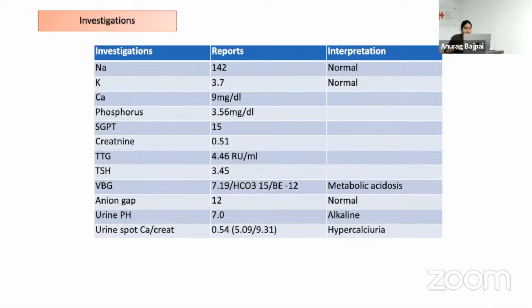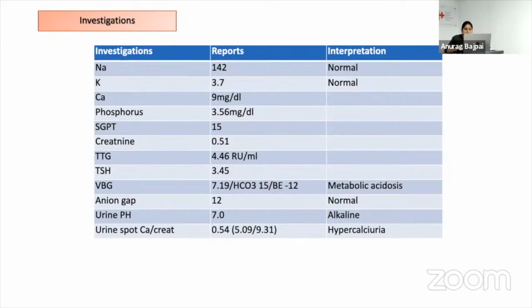Sodium and potassium were normal, calcium, phosphorus and TTG normal, thyroid profile everything normal. But on looking at the VBG, pH was 7.19, bicarbonate was 15, and base excess was -12, which is less than -5, favoring metabolic acidosis.